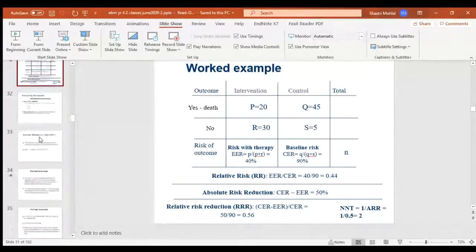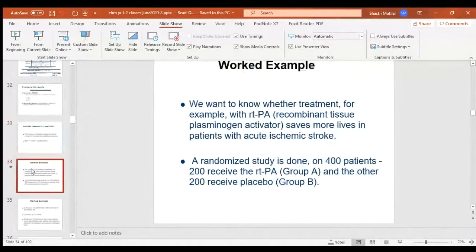So this is the example here. You could probably jot this down, because I would have to advance the slide for the results, unless you all have the presentation open on your device and could look at it as well. We want to see if this drug works, recombinant tissue plasminogen activator. You all know what that is from your pharmacology days in year 3: clot busters, things that dissolve a clot.